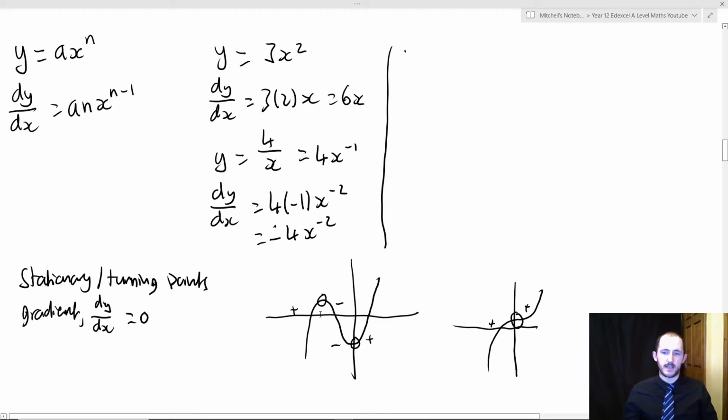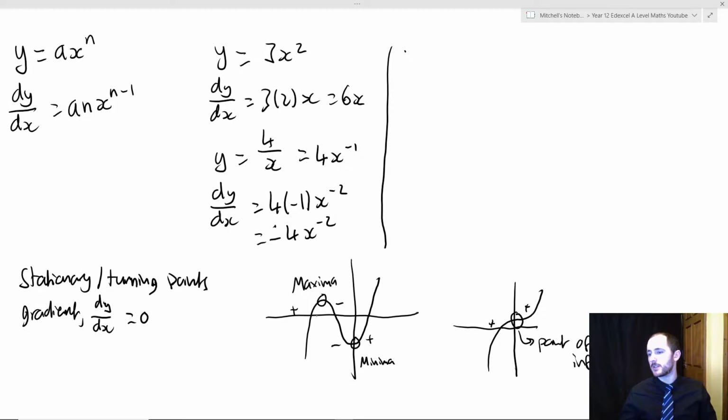So if you get coordinates like -4, and let's say this was +1, well, you can see that the coordinate -4 corresponds to a maximum point. So this is a maxima, because it goes from a positive to negative. And you can see the one at 1 is a minima. This one here is called a point of inflection.